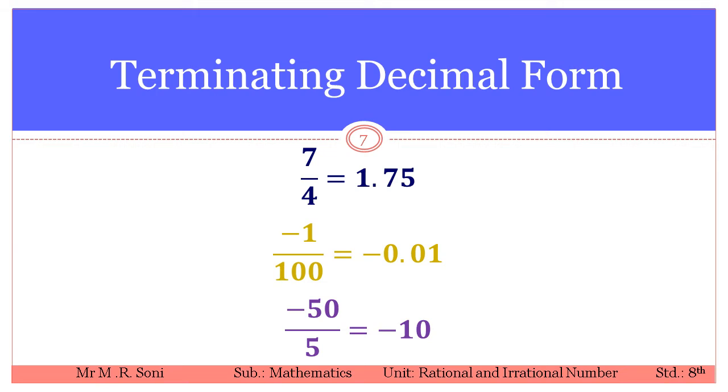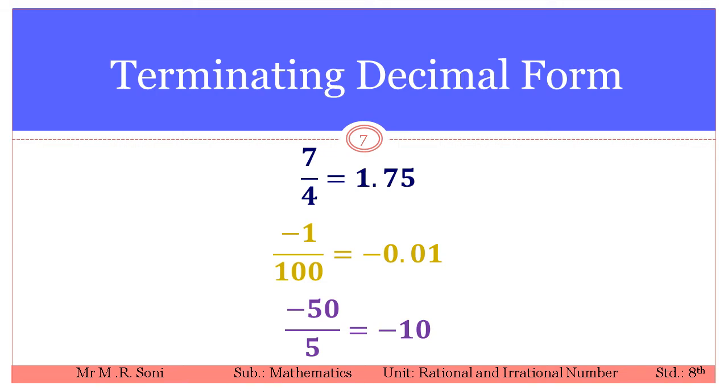If we use decimal fractions while dividing the numerator of a rational number by its denominator, we get the decimal representation of a rational number. For example, 7 divided by 4 is equal to 1.75.